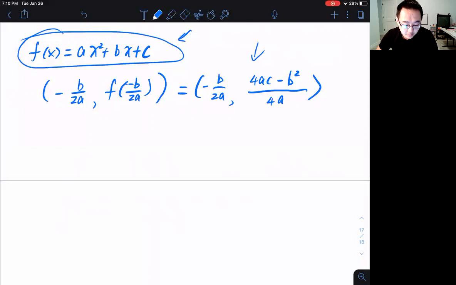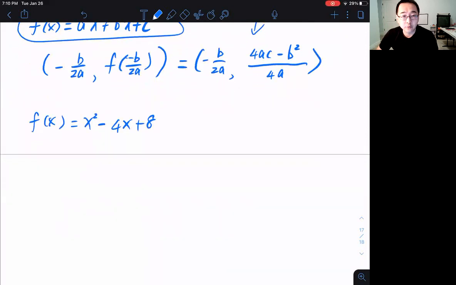All right. Okay, so quick example, right? So let's say f of x is x squared minus 4x plus 8. Well, this is your quadratic equation. Where's your vertex? Where's, in this case, the minimum of your curve? Because here a is positive, so it's opening upward, right?